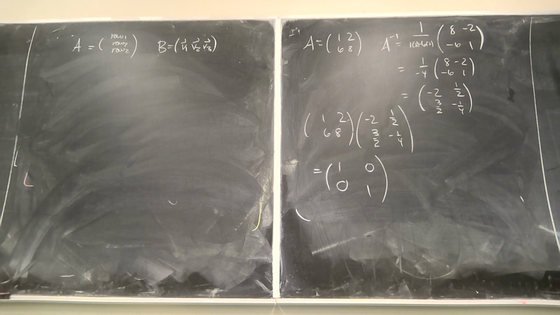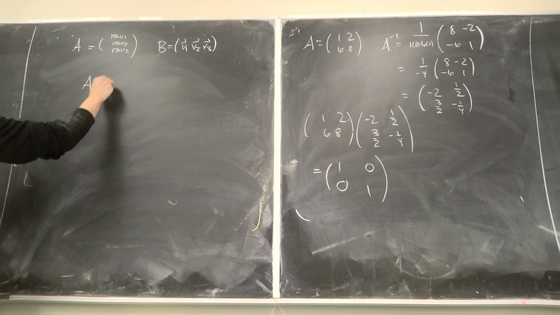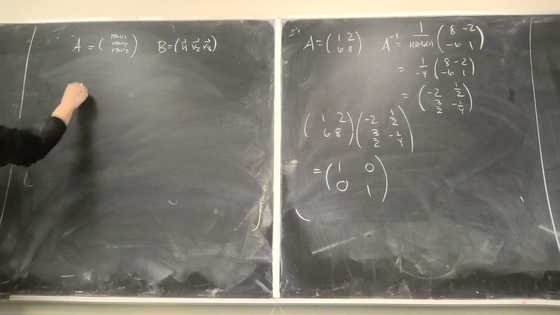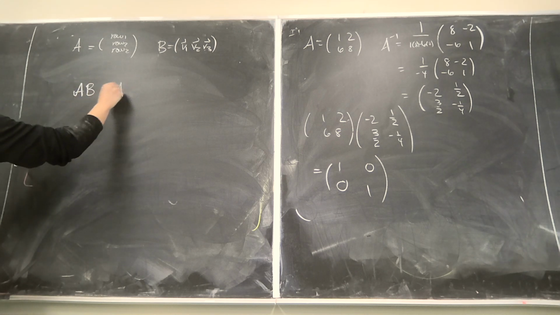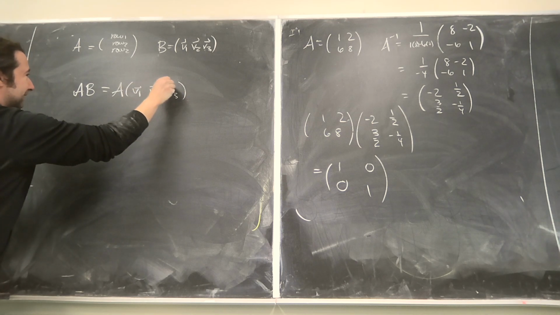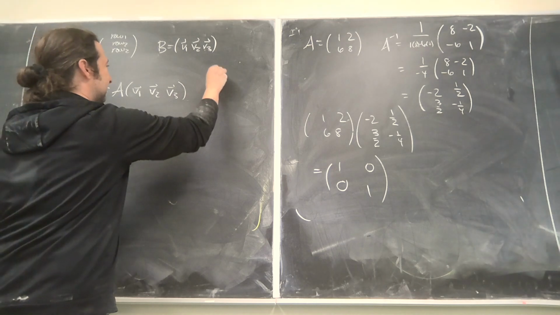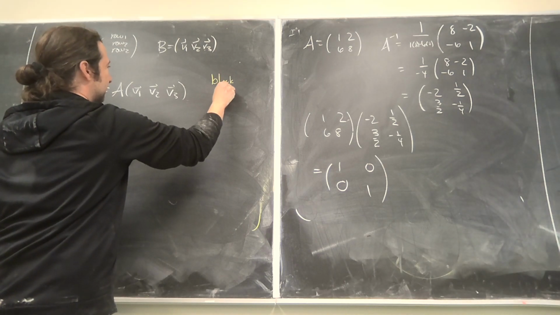The absolute laziest applied math way of doing this is to say, well, AB is equal to A times V1, V2, V3. What I'm showing you now is an example of something called block matrix multiplication.